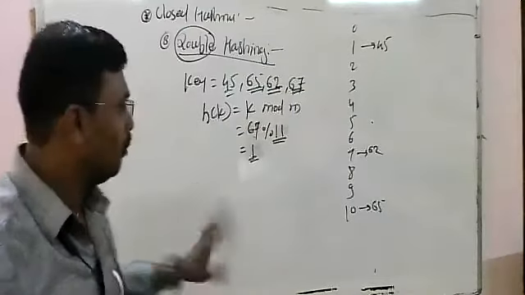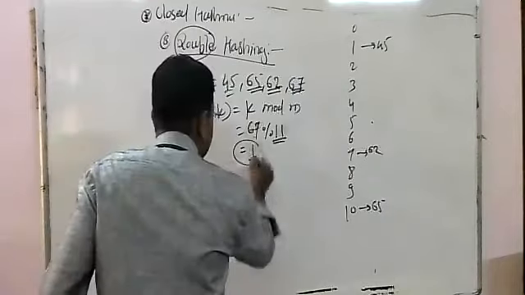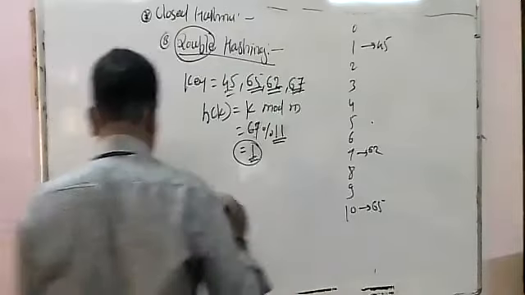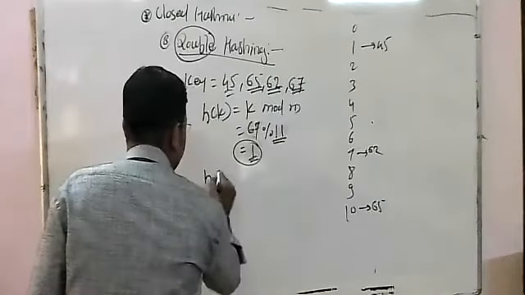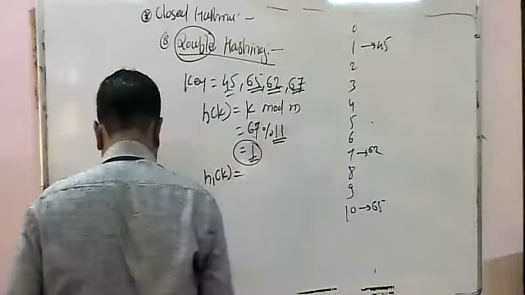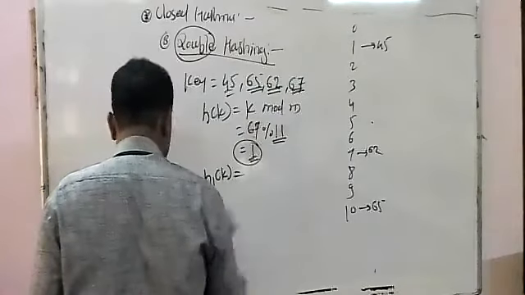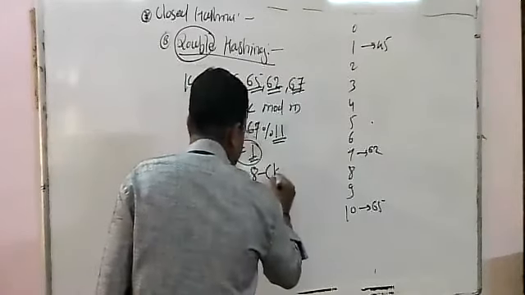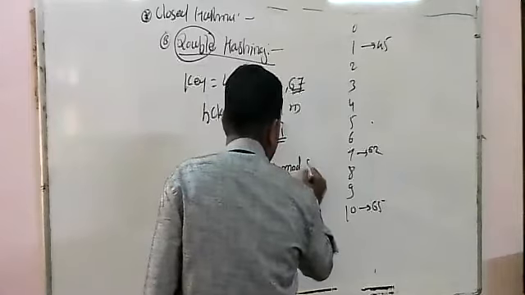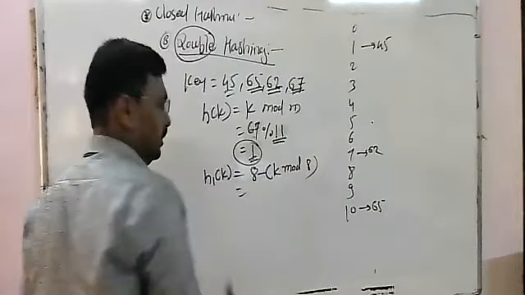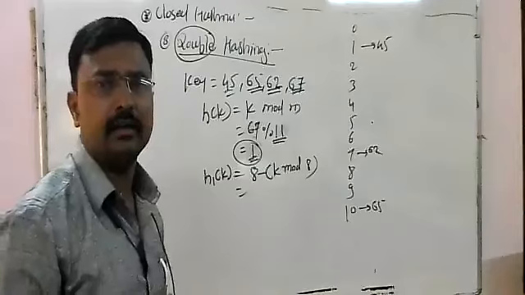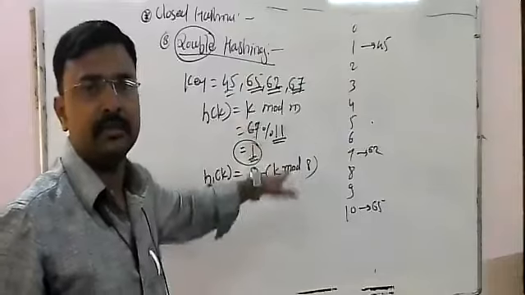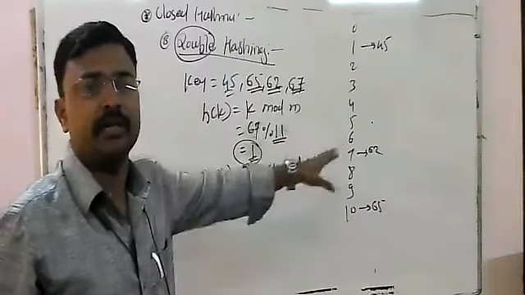So what are we going to do if there is a collision? We are going to apply another hash function. H2(k) is equal to 8 minus k mod 8. Any function you can apply there: 7 minus k mod 7, 6 minus k mod 6, 9 minus k mod 9.